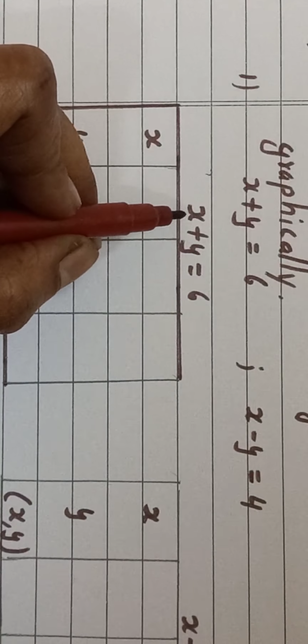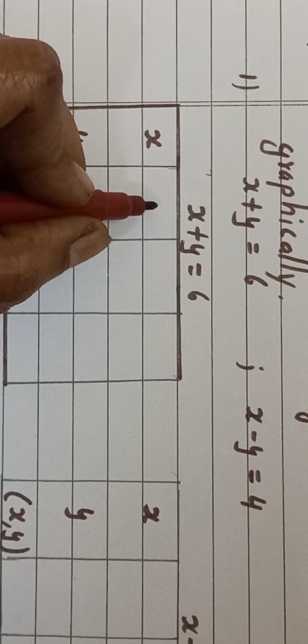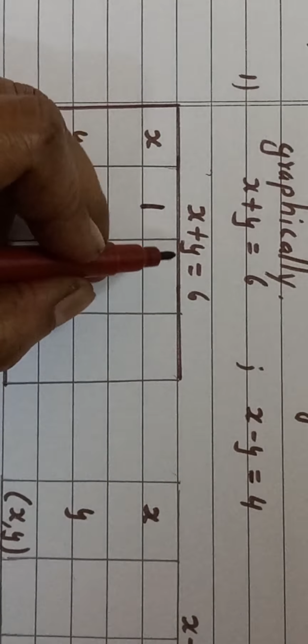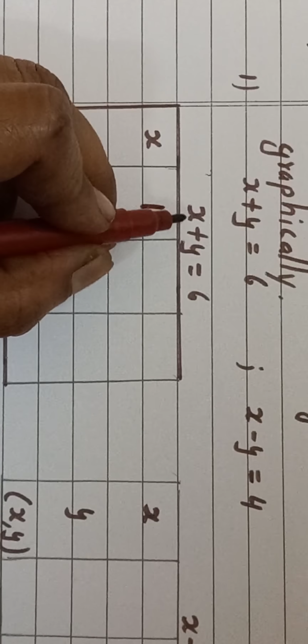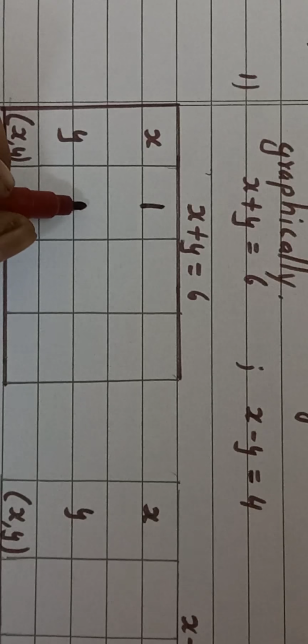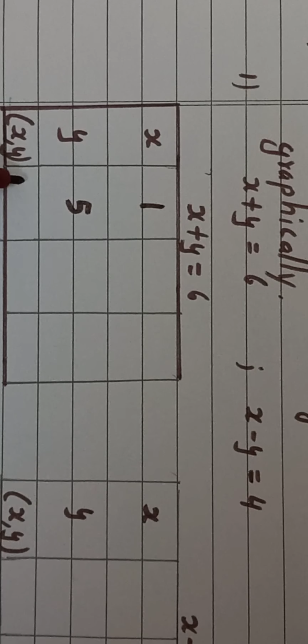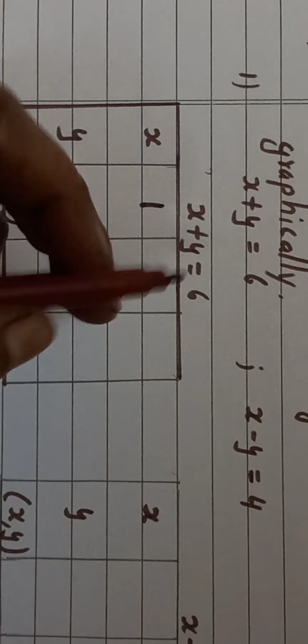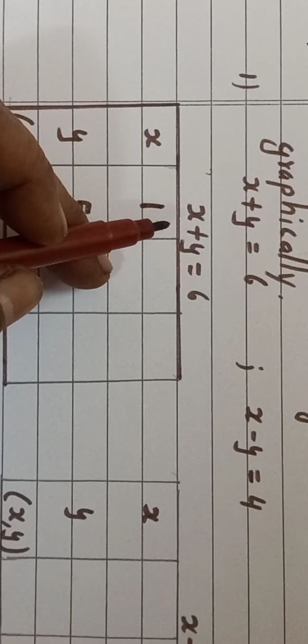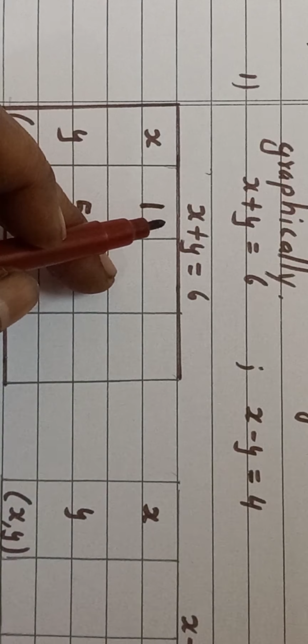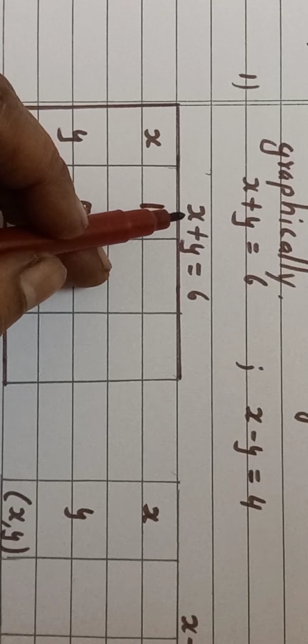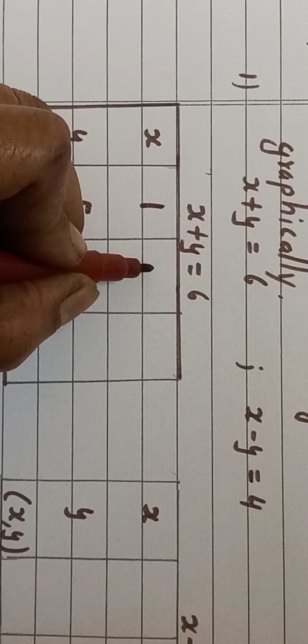And suppose I am taking x as 1. Then what will be y? 5. 1 plus 5, 6. And here you will write 1 comma 5. Very simple it is. Now second, you can take any number. Suppose for our example x is minus 2.